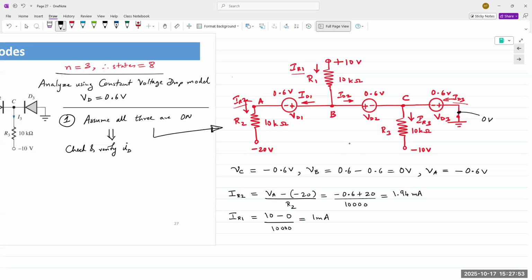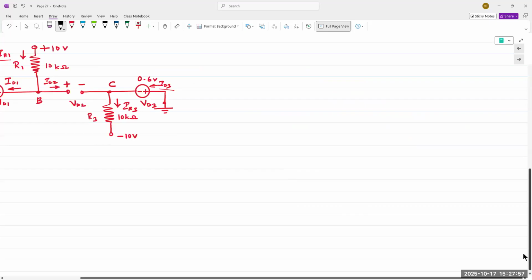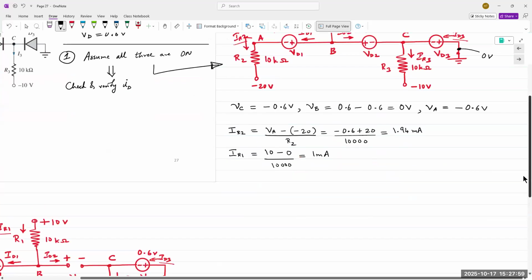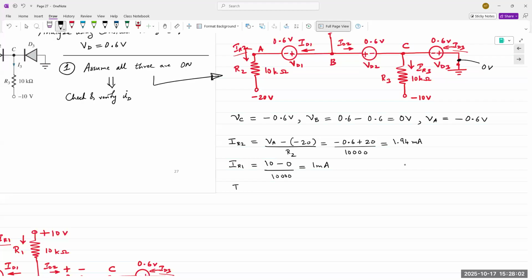And then IR3. IR3 is between node C and minus 10 volts. So VC minus of minus 10, divided by R3.